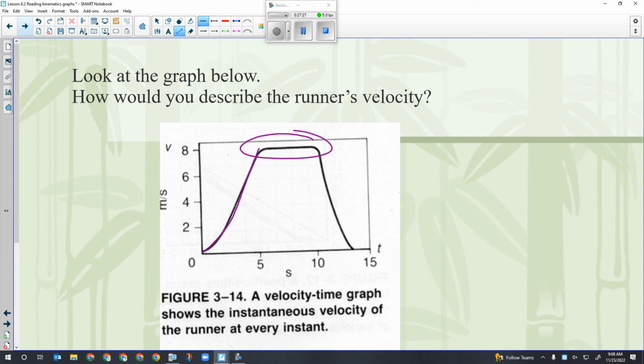Is this person particularly fast? Eight meters per second is not particularly fast. Usain Bolt can run 17 meters per second at top speed. He is a freak of nature.